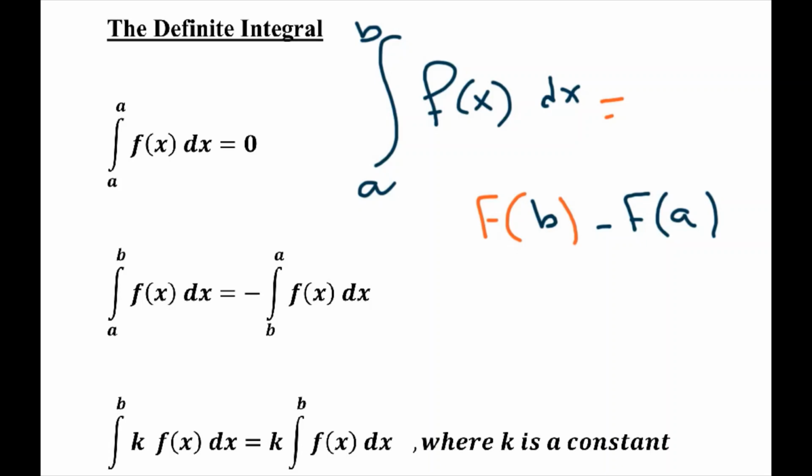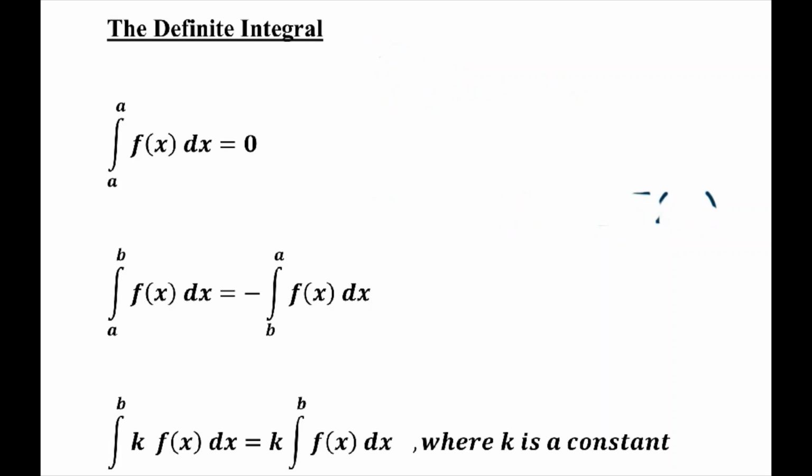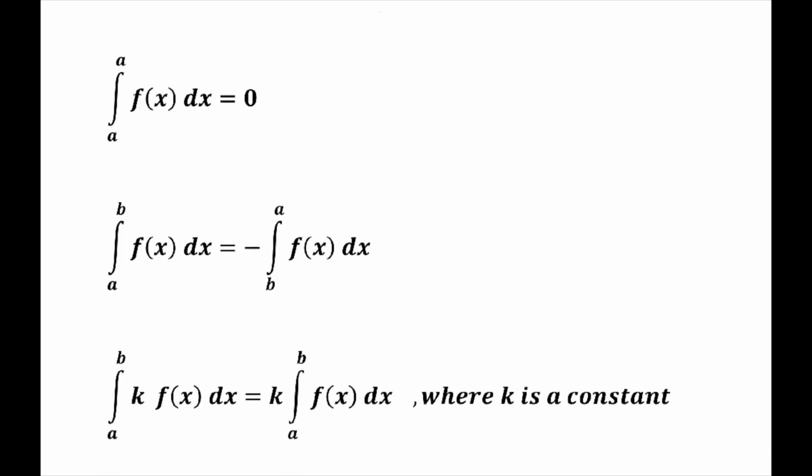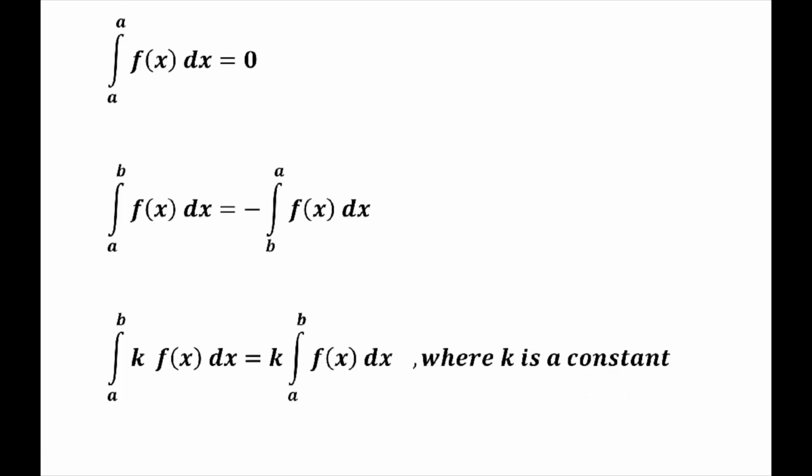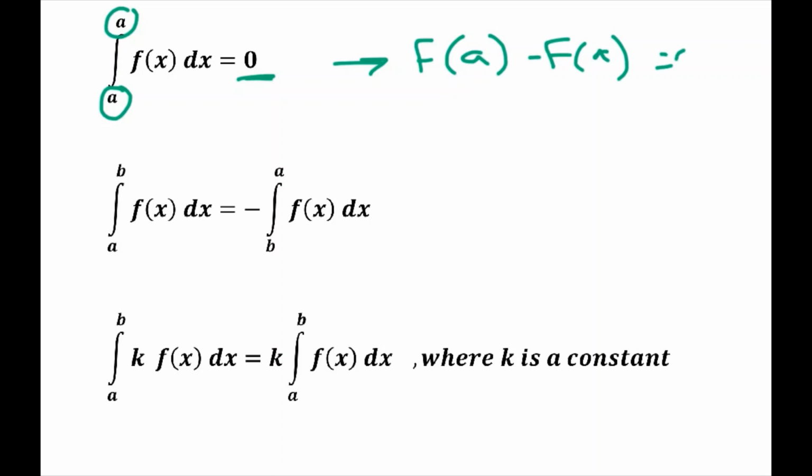Now there are some important rules when it comes to definite integrals. So let's look at these rules. The first rule: if the lower limit and the upper limit are the same number, the definite integral will be 0, because the answer should be F(a) minus F(a), and that's 0.